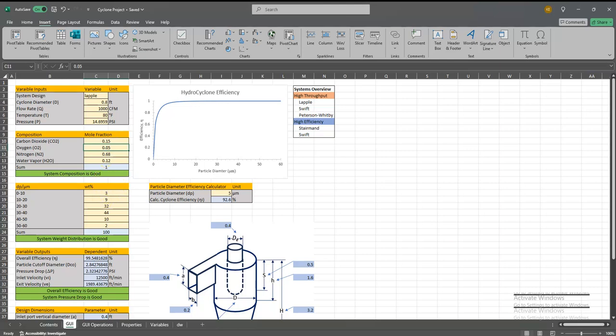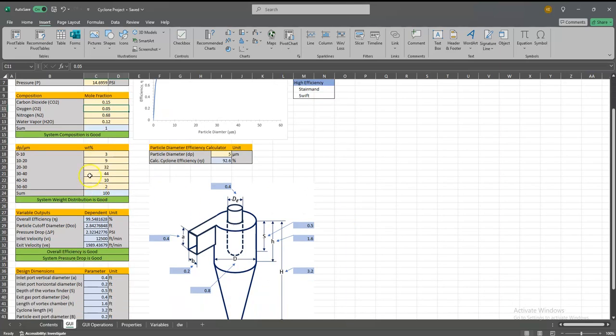Step 6 is then to input the particle weight distribution of the dry ash. Similar here, we have the different ranges for the particle diameter in micrometers, and we will input the different weights here. These need to be values from 0 to 100.